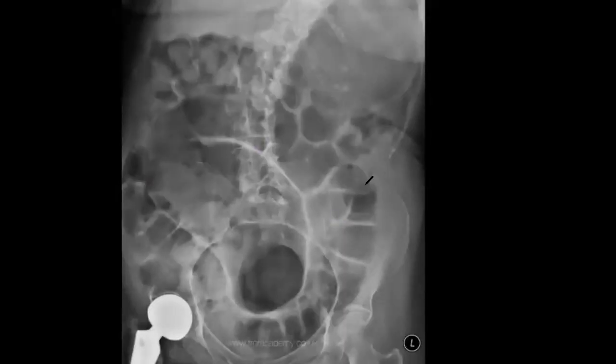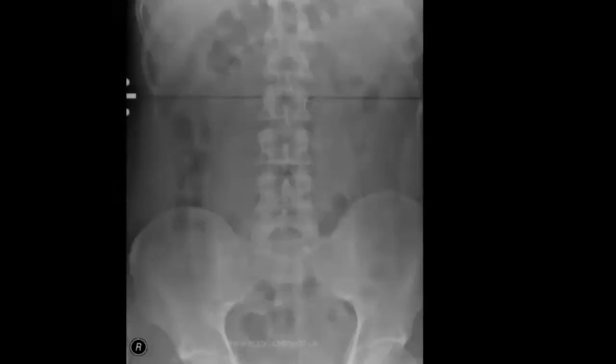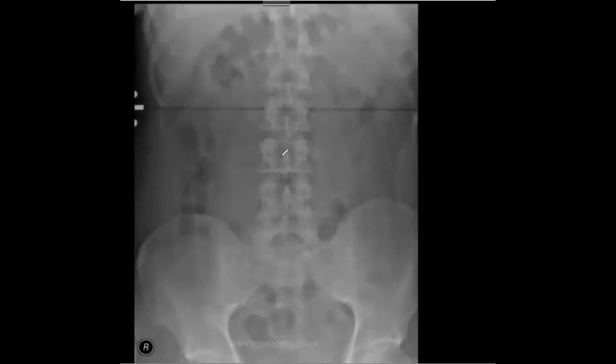Another type of sigmoid volvulus, twisting starts from the left iliac fossa. You can put your thumb, so thumb printing.